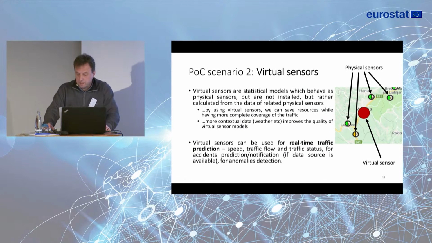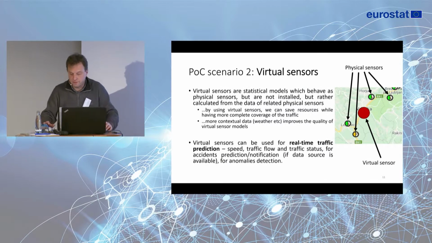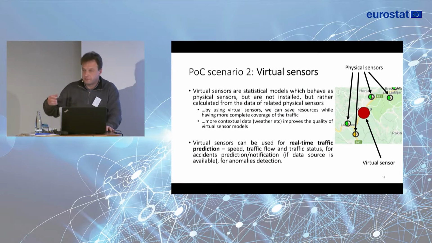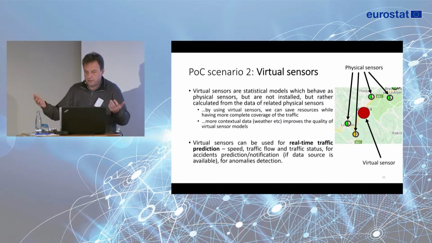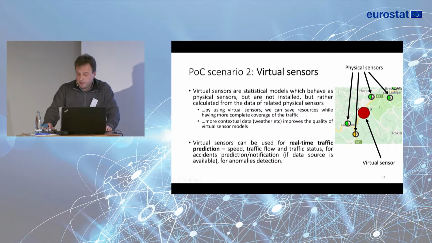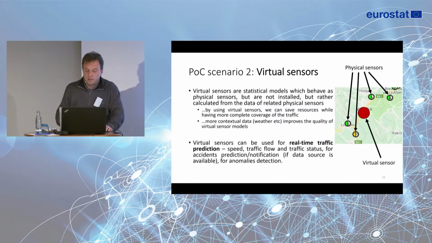But we would like to have a sensor here in the middle, which would provide us with some value, and we are not too happy to dig into the road, make the whole infrastructure, stop the traffic for half a day and so on. But we can calculate the value of this one particular virtual sensor from the nearby sensors, or from the sensors which actually relate to it.